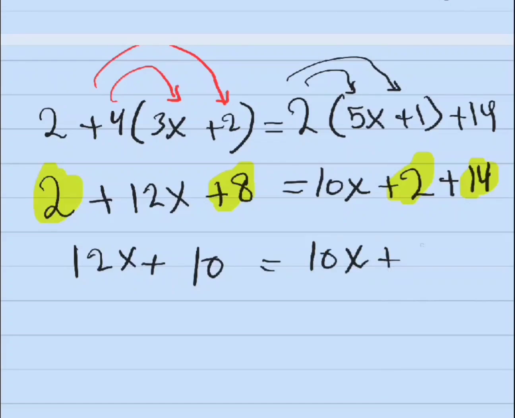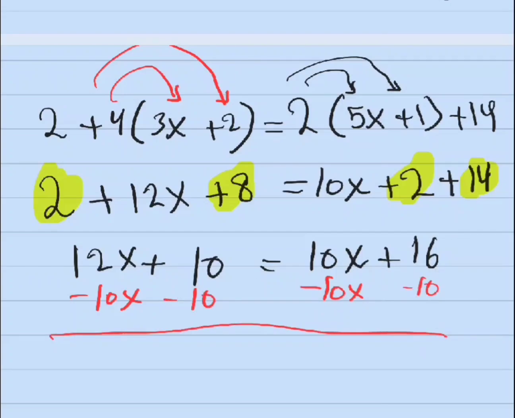So now let's isolate the x variables. Let's subtract both sides by 10x. So doing this will give us an x variable only on the left side. And let's subtract both sides by 10 so that we're going to have a constant number on the right side.